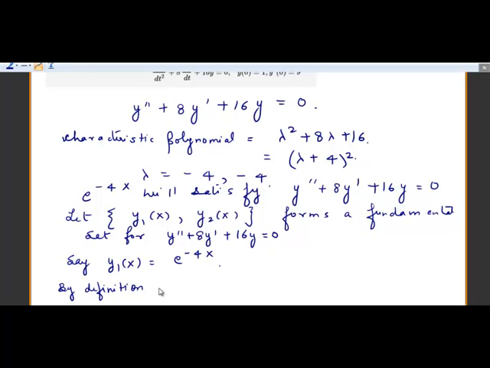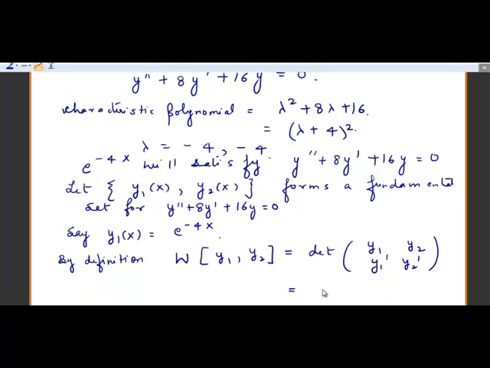The Wronskian of y1, y2 will be the determinant of y1, y2, y1 prime, y2 prime, and that's nothing but y1 y2 prime minus y2 y1 prime.